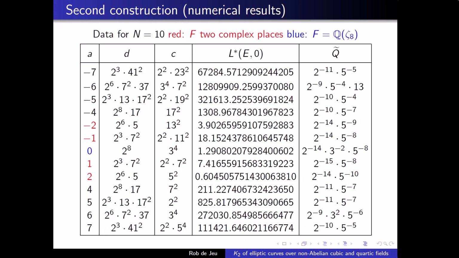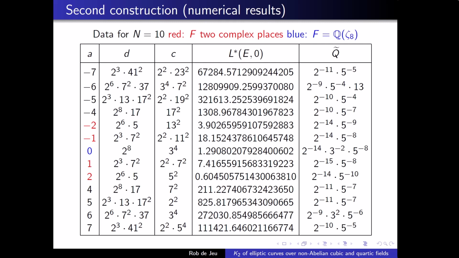Then n equals 10, where 2 and 5 play a role, and the big prime numbers are completely missing, for I don't know what reason. 13. Sorry? 13. Yeah, okay. Right, depending on your definition of small or big and things like this.